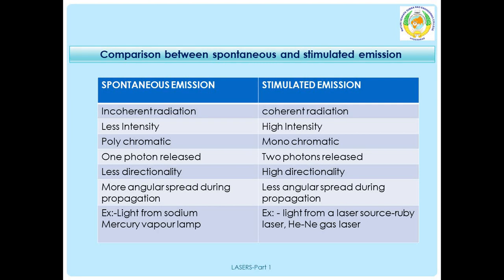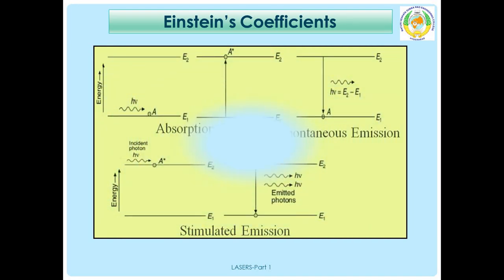Then what are the sources that give out spontaneously emitted light? It is light from a sodium vapor lamp, mercury vapor lamp. All these give spontaneously emitted light, whereas a laser source gives stimulated emitted light. So different types of lasers we have: ruby laser, helium neon laser and also gas laser.